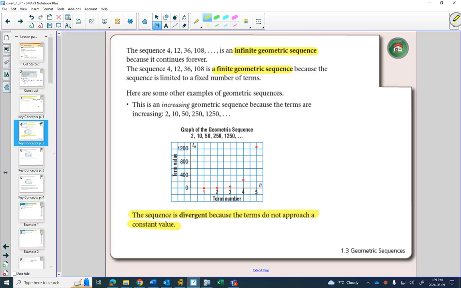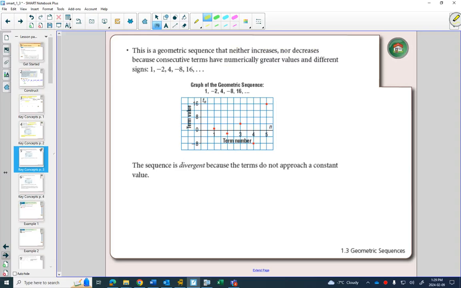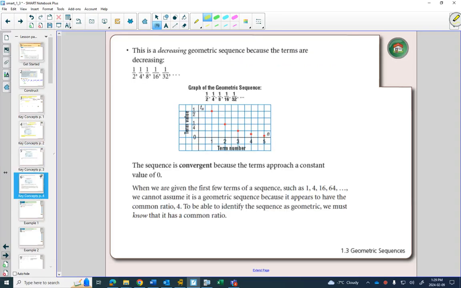But sometimes in geometric sequences, another one, the numbers that you get smaller and smaller and smaller and get closer and closer to 0. Then we call that sequence a convergent sequence. So sometimes when we're multiplying, things get bigger and bigger, and sometimes they get smaller and smaller.